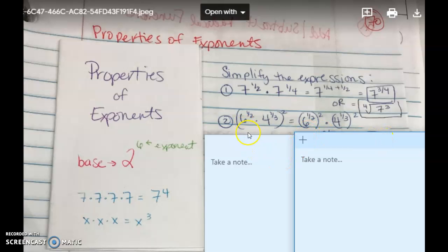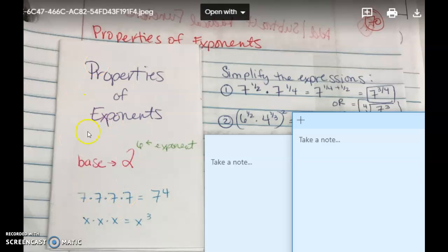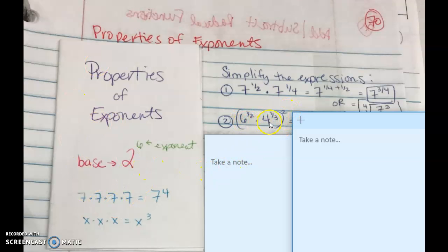For number 2, here's your next problem that you'll simplify. You've got 6 to the 1/2 times 4 to the 1/3, squared. Alright, you have a rule in your book that says if you have the product of two expressions being raised to a power, that power can be distributed to each of them separately.